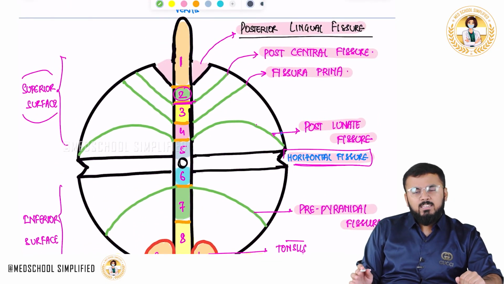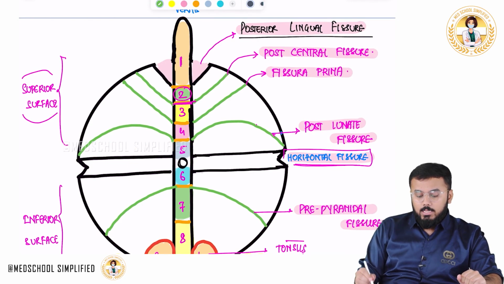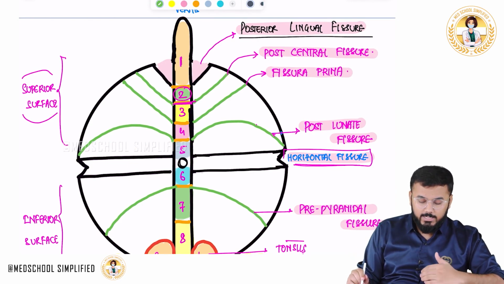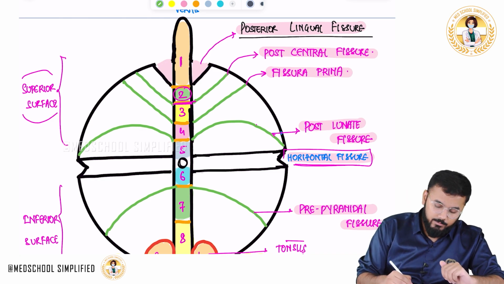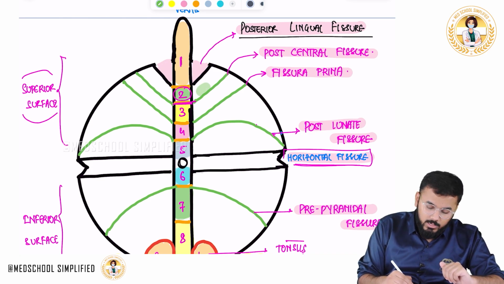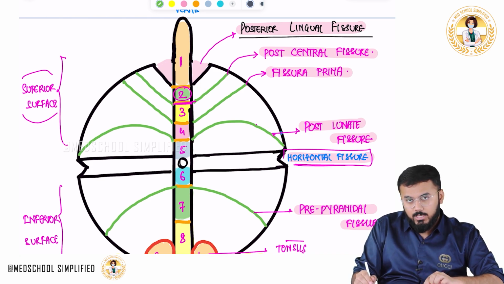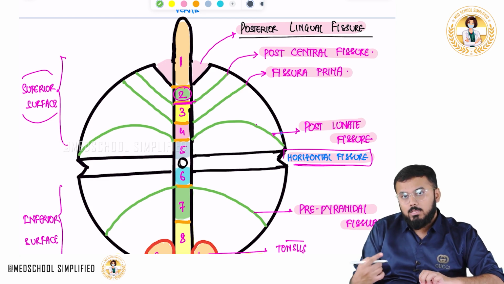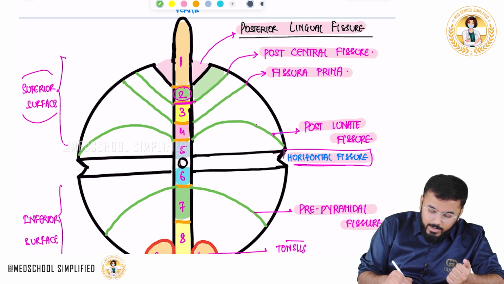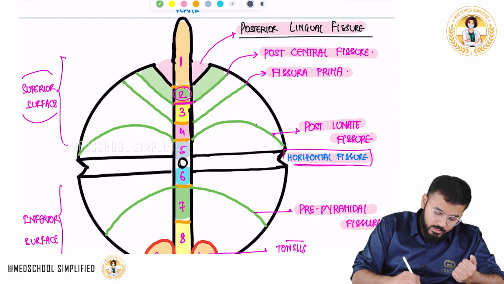Now after the discussion of the fissures, you know that these fissures divide the cerebellum into different kinds of lobules. So let us discuss the different kinds of lobules. For example, on either side of the second lobule of the vermis, on the right and left, there is a lobule. You see this part which I am shading right now.